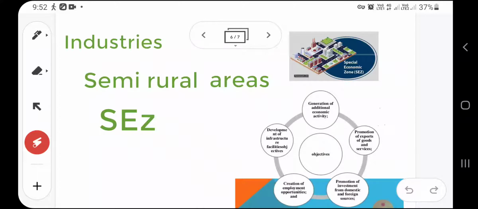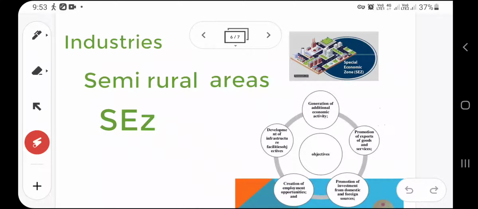The government gives incentives to industries to establish themselves in that particular area. Before that, the government selects one area as a special economic zone.